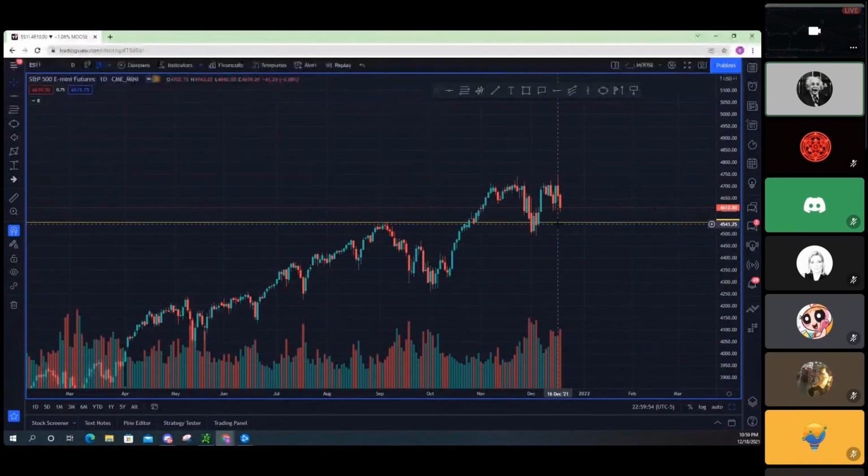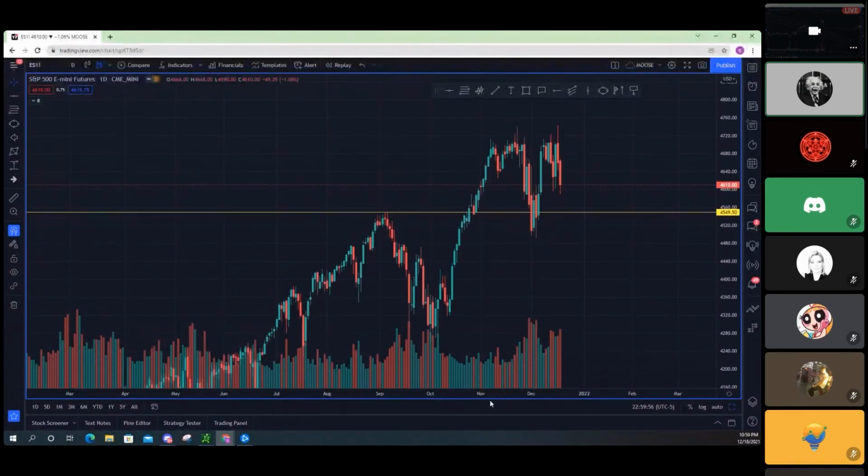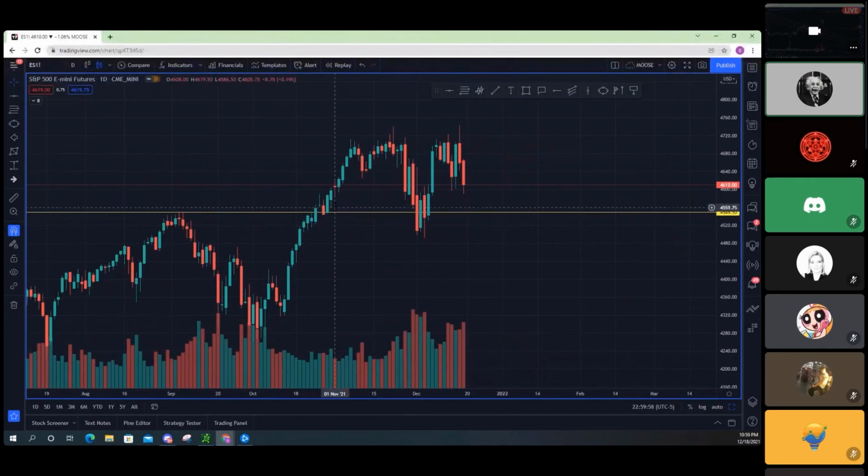A lot of professional traders will not buy this breakout here. And that's what Jag was talking about: how do you know when to buy it and when not to? Well, honestly, sometimes you have to look at the sector that the stock is in. Understand if everything is moving up or down.